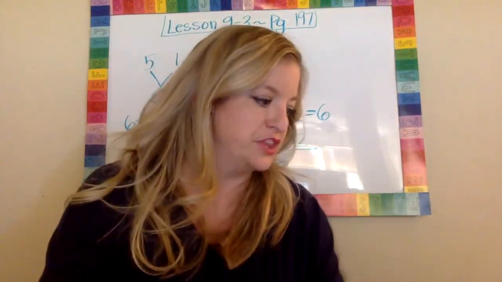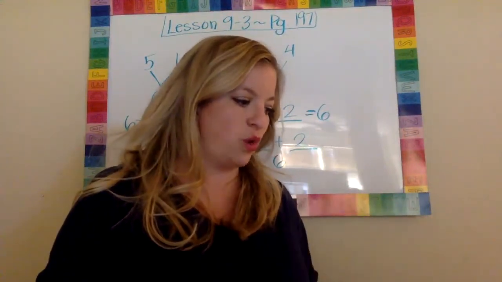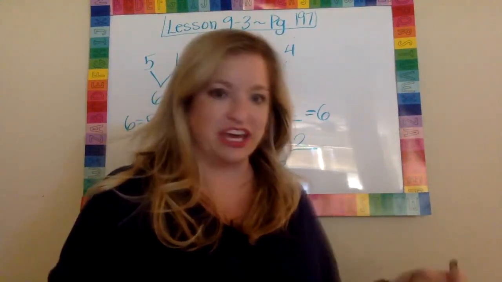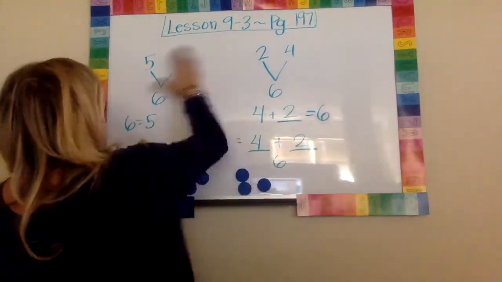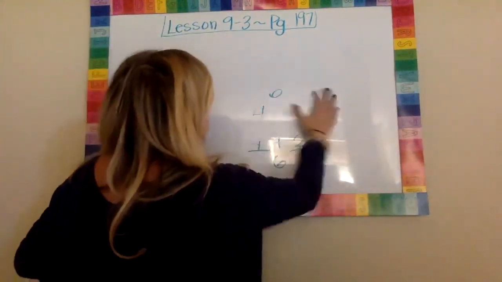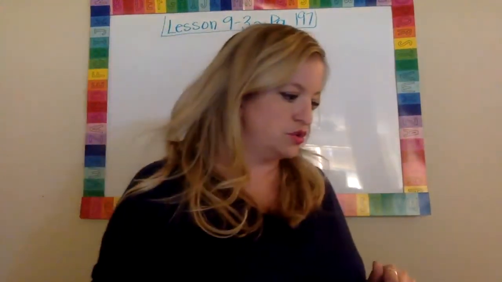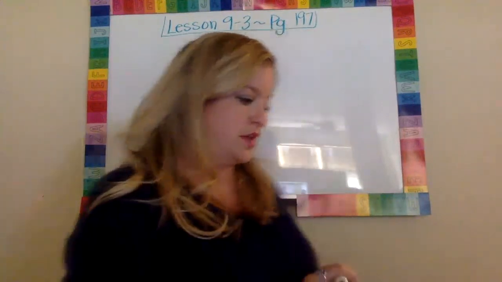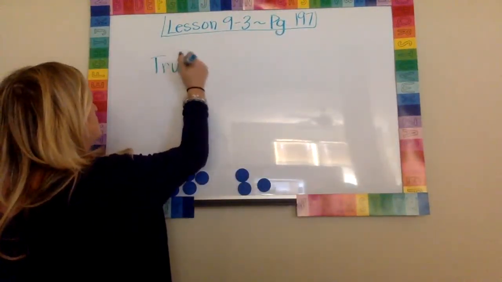All right, number 3, choose numbers, make a true equation, then make a false equation. Ooh, fun. Okay, let's see. It says to choose numbers. And it gives us a true equation, so we'll write true up here.